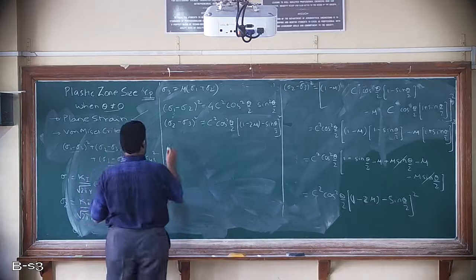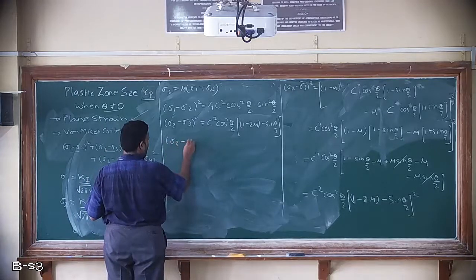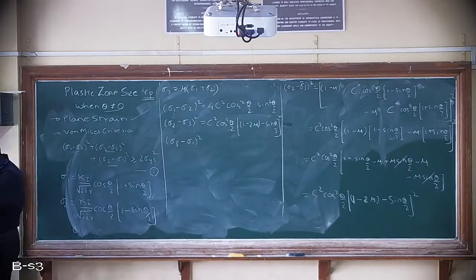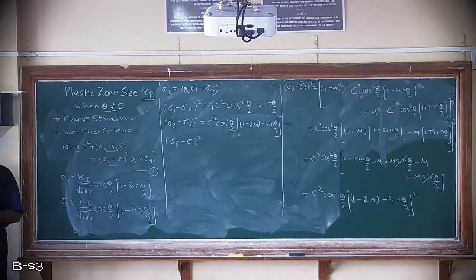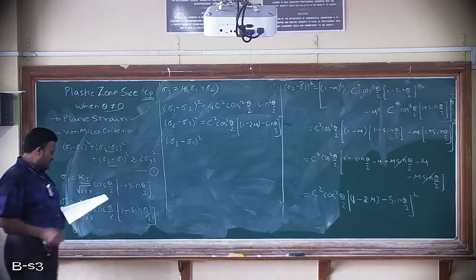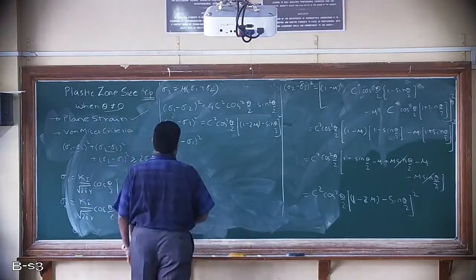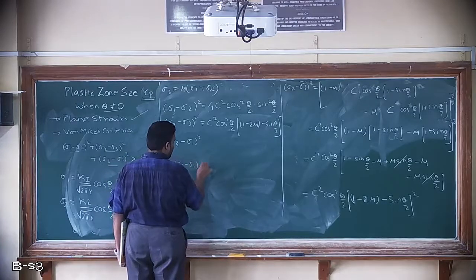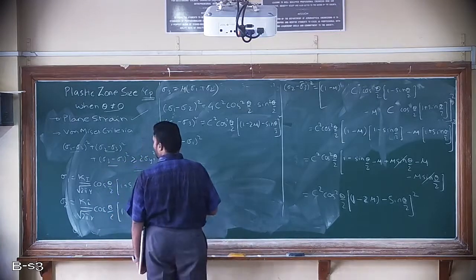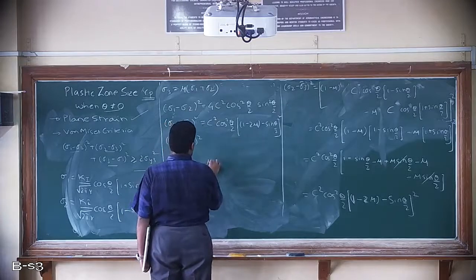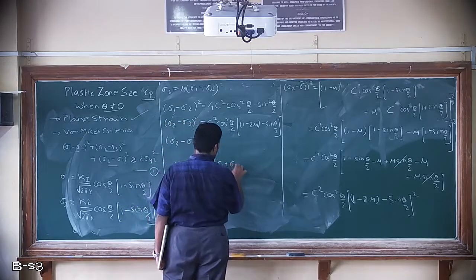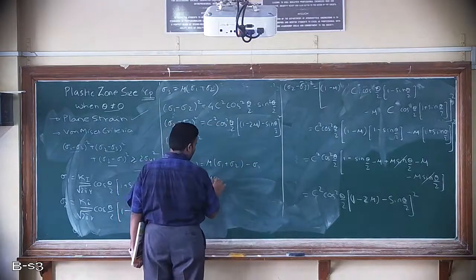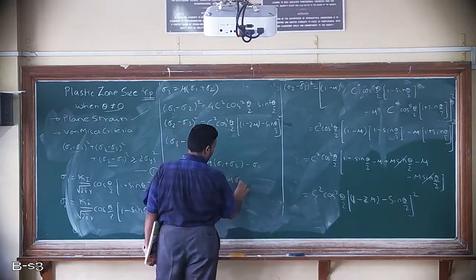Now we shall come to sigma 3 minus sigma 1 the whole square. So here let us consider first sigma 3 minus sigma 1. So this can be written as, what is sigma 3? Mu into sigma 1 plus sigma 2 minus sigma 1. So this can be written as mu into sigma 1 plus mu into sigma 2 minus sigma 1.